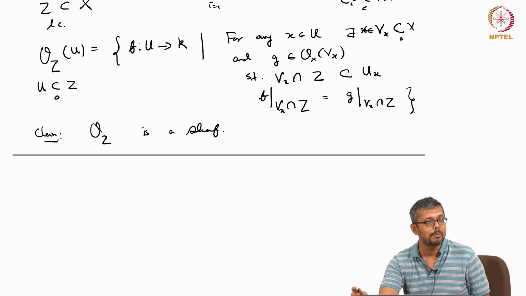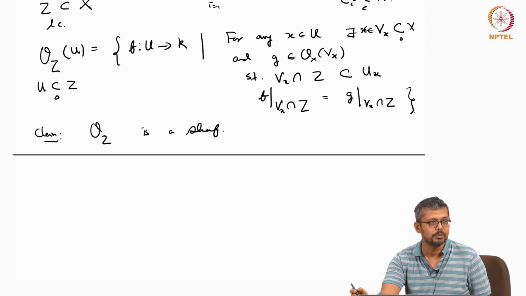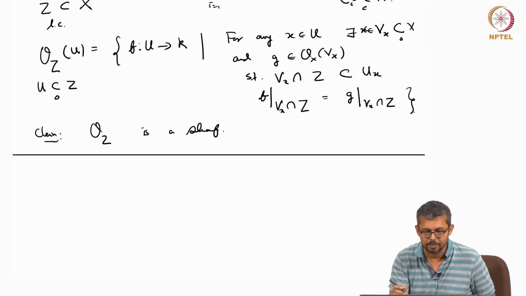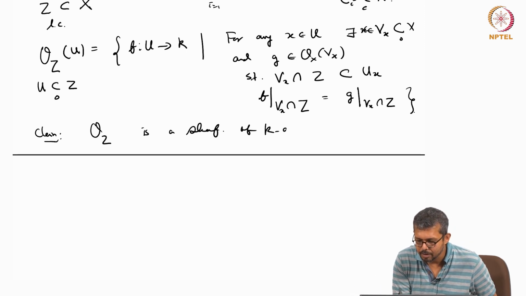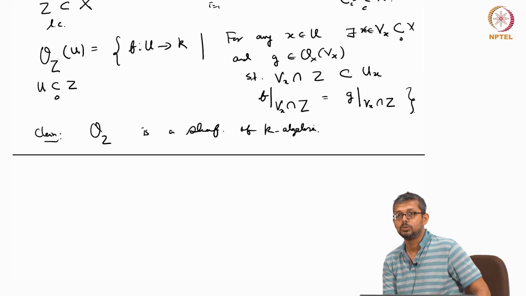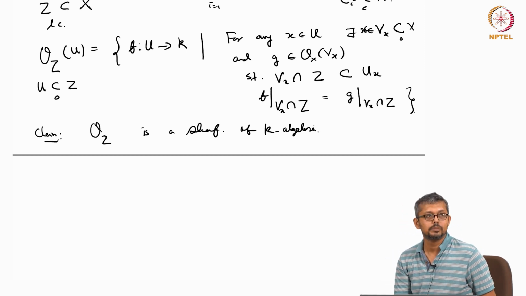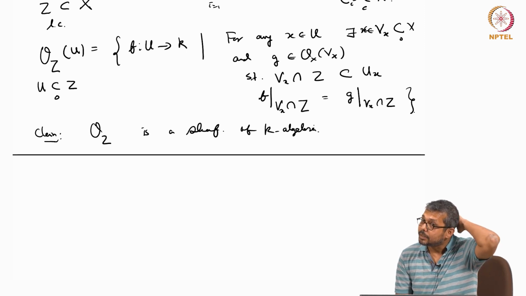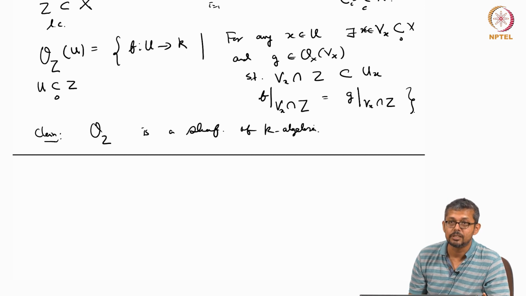It may not be a sub-algebra: O_Z of U is not O_X of U, but this is a sheaf of K-algebras, even when Z is closed.